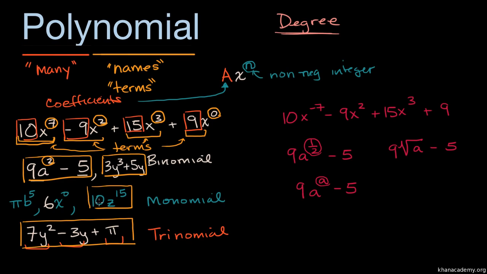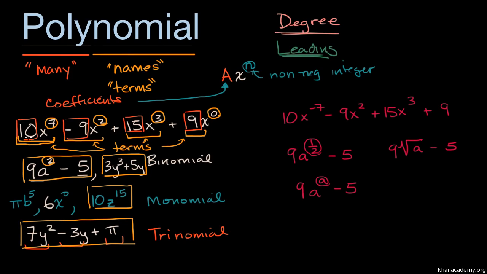Now, a few more things I will introduce you to is the idea of a leading term and a leading coefficient. So let me write this down. The notion of what it means to be leading. Well, it usually means whatever is the first term, or the coefficient. If you're saying leading term, it's the first term.